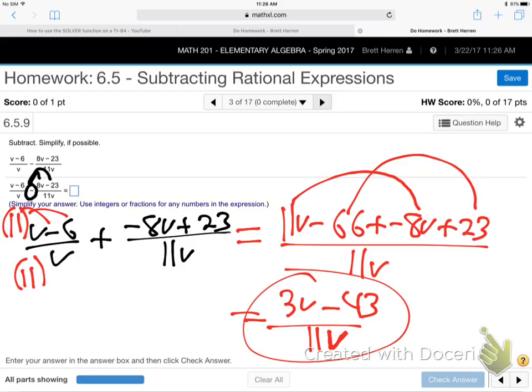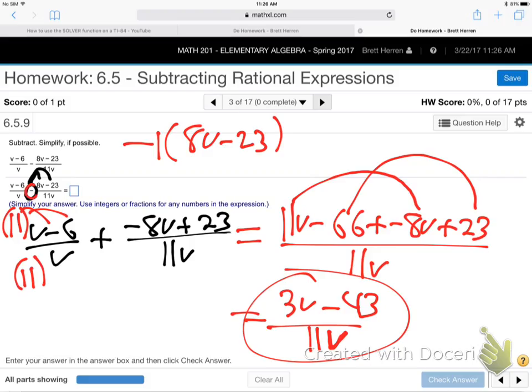So when this sign goes up, it changes, and make this plus. Always. Change all the signs. Exactly. Because the minus does that. You know how a minus sign changes? Like if you have a minus in front of an 8v minus 23, it's really a minus 1.